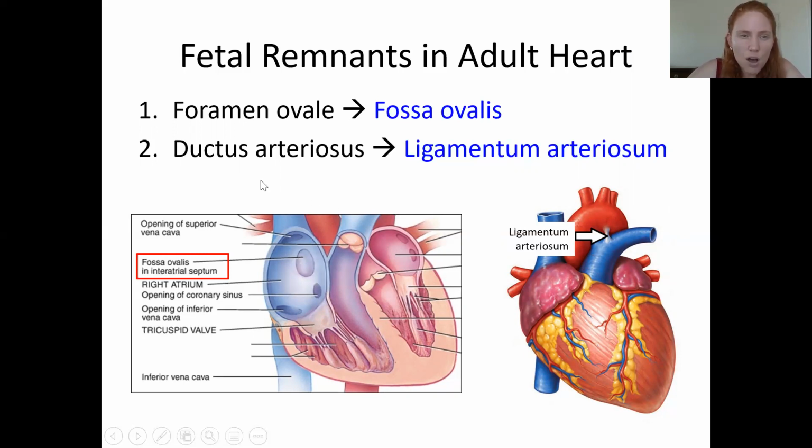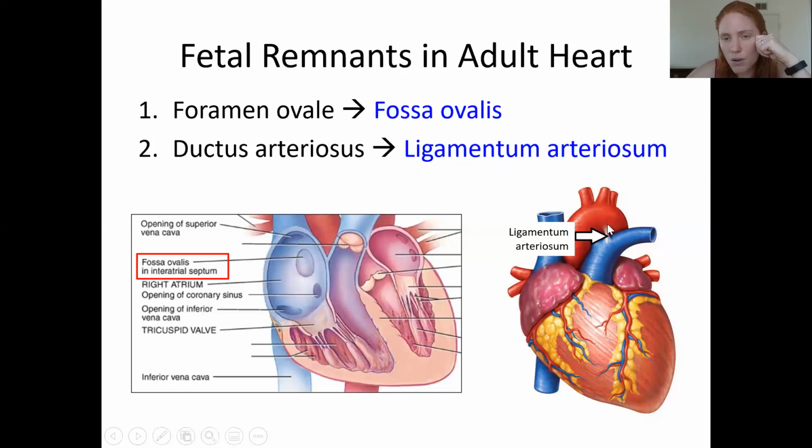And then the second one, the ductus arteriosus, remember that was a little shunt that moved the blood directly from the pulmonary trunk to the aorta so that you don't need to go to the lungs. That also is going to close up, and instead what you have left is a little bit of scar tissue connecting the two pieces. And so that's called the ligamentum arteriosum.